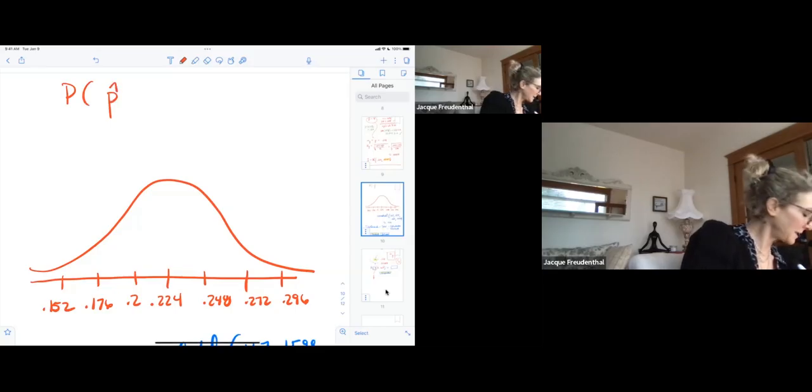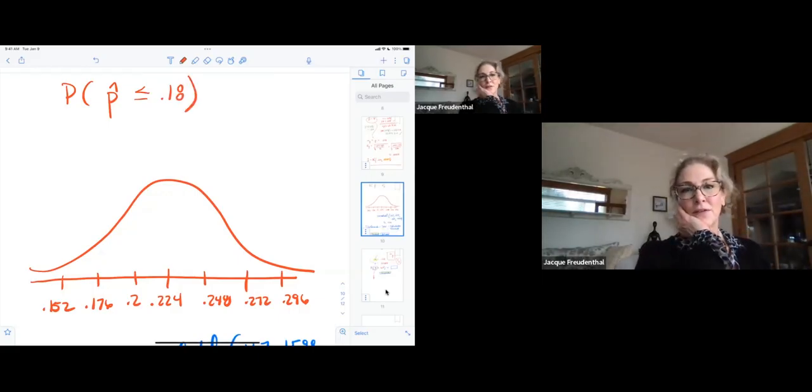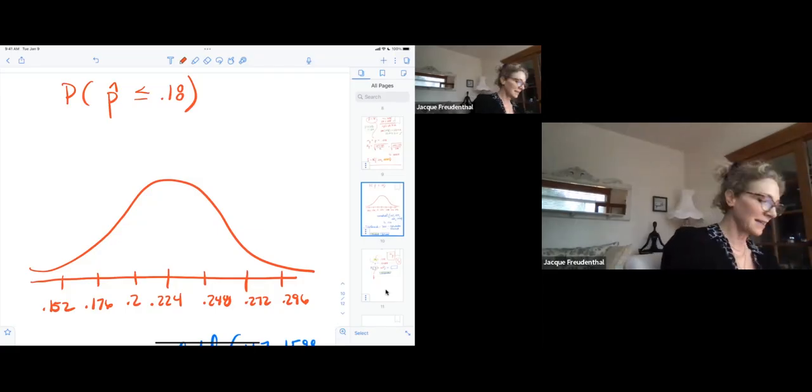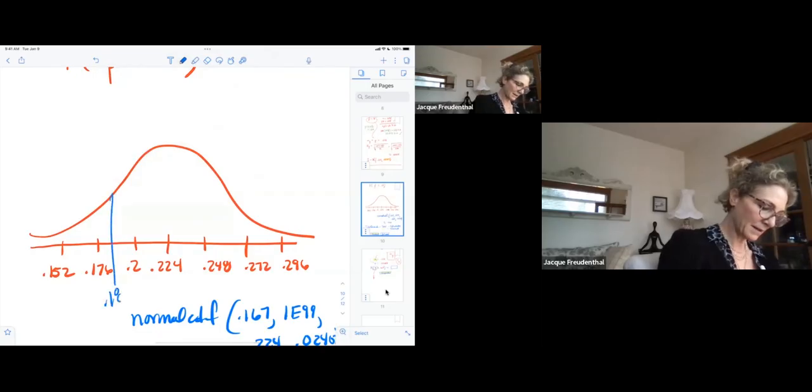So if we have 18%, yes, we certainly can use p hat. We don't have to change it into a proportion because that's what we're looking for. 18%, we can write that as a decimal, 0.18. So my 0.18 on my graph is about right here. And I want less than.